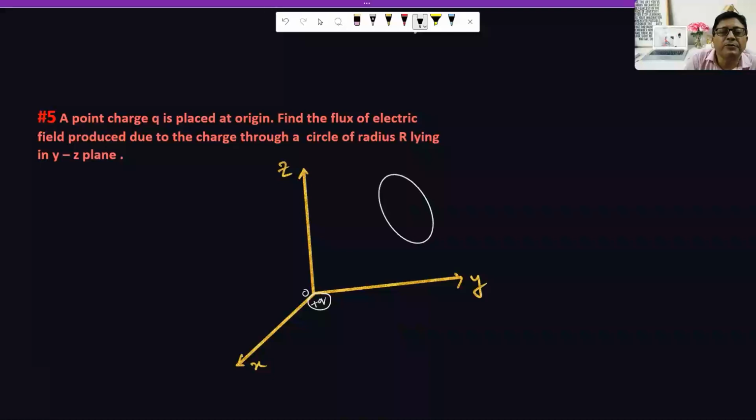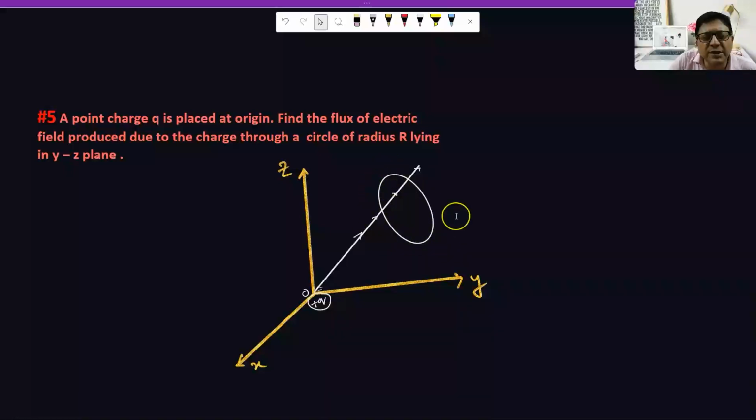So your problem is to find the flux of electric field on this circle area. This is not a simple problem. Why? Because if you take any point here and join Q to this point, then electric field here is directed in this manner, radially outward, isn't it?